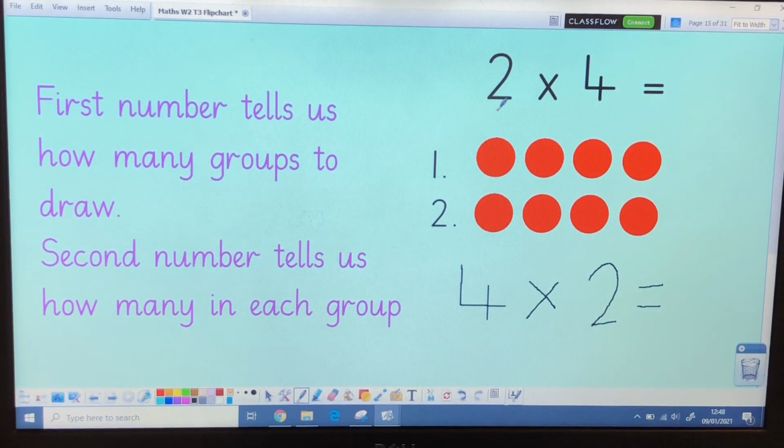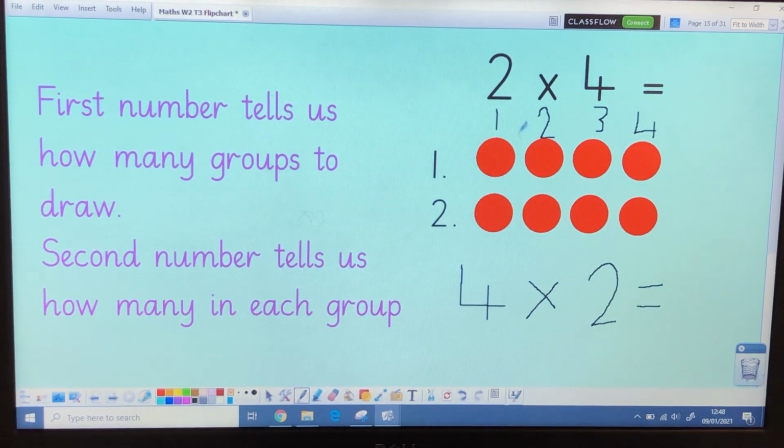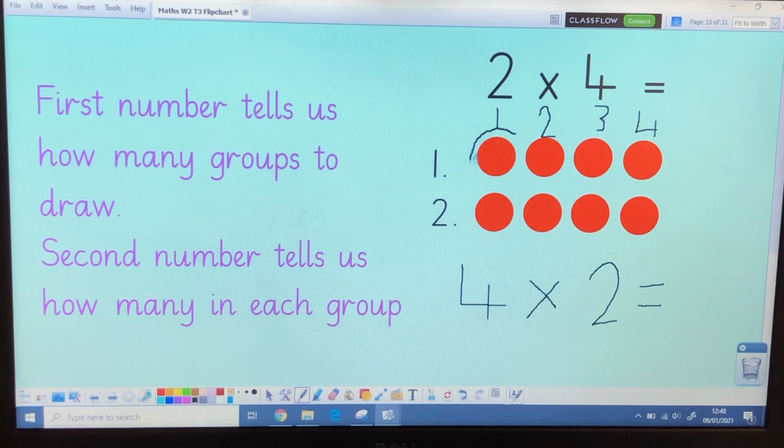If we look at it going down. So here we've got 1 group, 2 groups, 3 groups, 4 groups. So I'm going to write the numbers at the top to remind me. 1, 2, 3, and 4. Okay, so here are my 4 groups. We're going this way this time. Should we circle them to help us? So we've got 1 group here. We've got another group here.